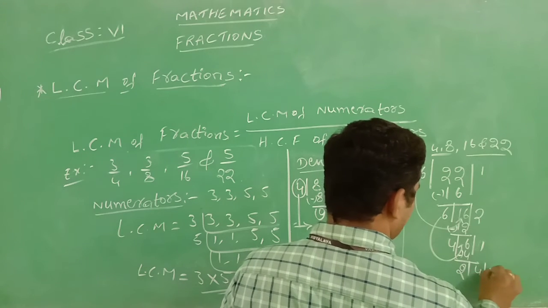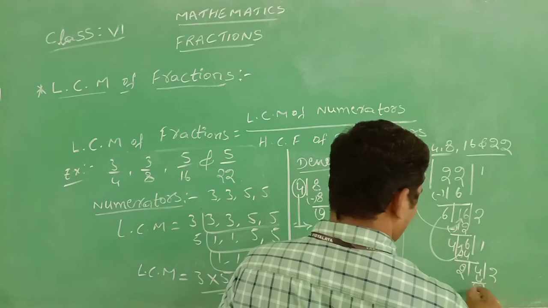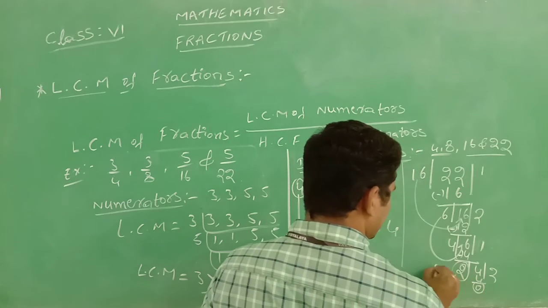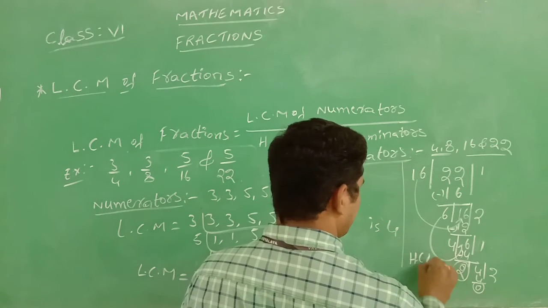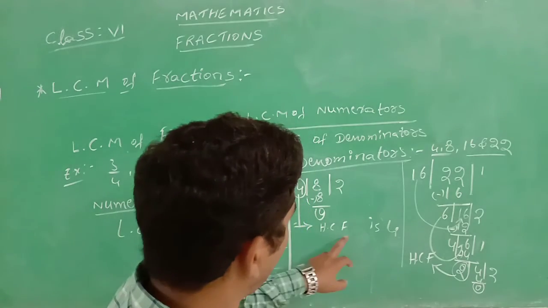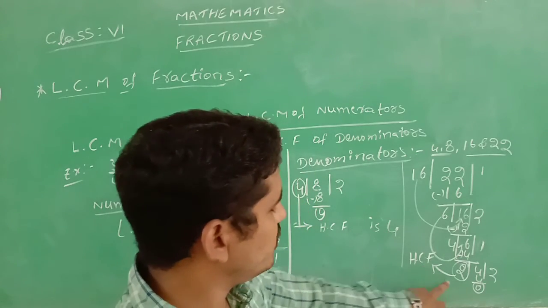Now dividing 4 by 2, 2 2s are 4. Whenever we get 0 as the remainder, that divisor is the HCF. HCF 1 is 4 and HCF 2 is 2.